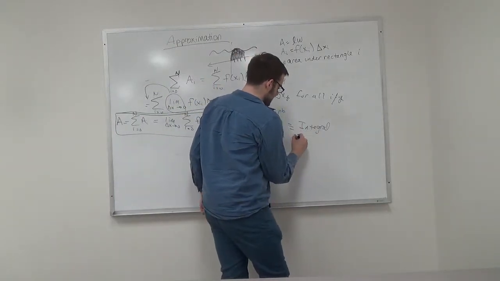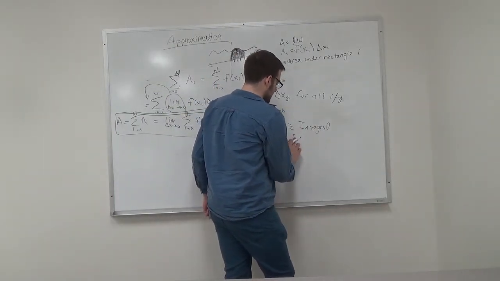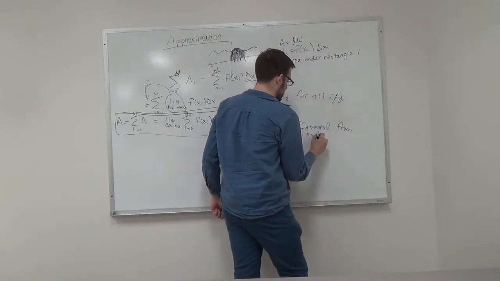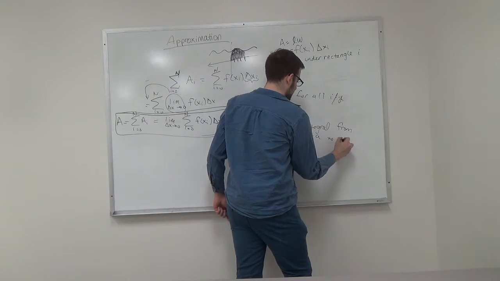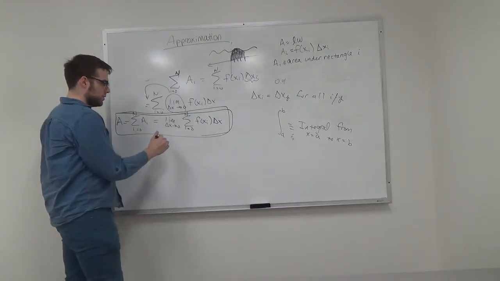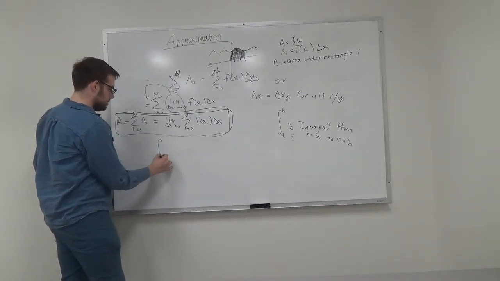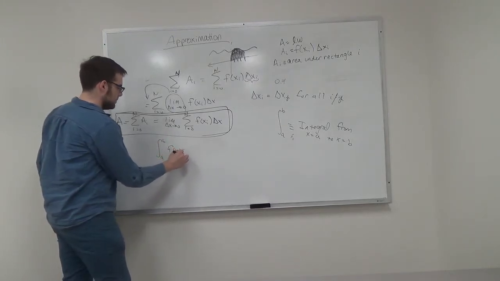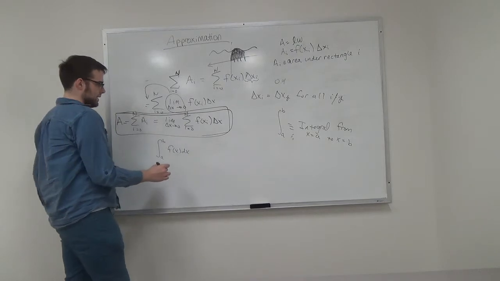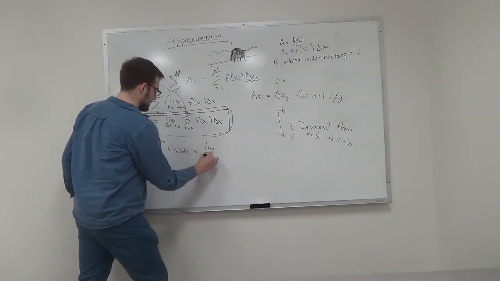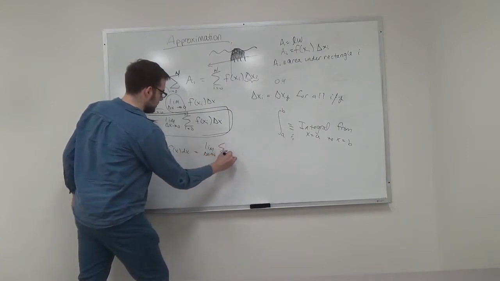So this would be the integral from x equals a to x equals b. In this case, the integral from a to b of f of x dx is equal to the limit as delta x approaches 0 of the sum.